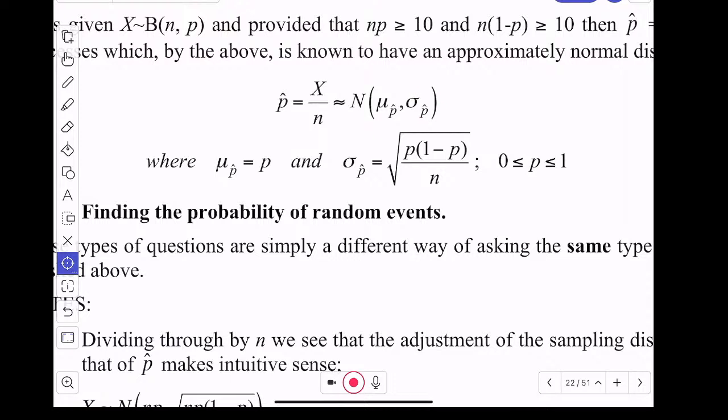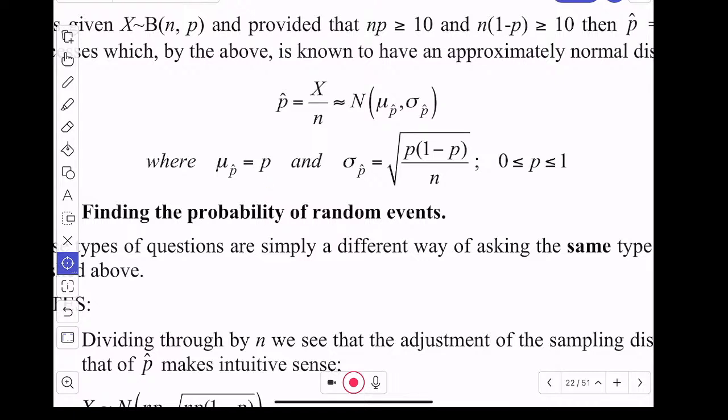And it turns out that the expected value of p hat is the true proportion. So what we're saying is that the sample proportion of successes on average in repeated sampling should have the expected value of the true proportion. So that's neat, isn't it?